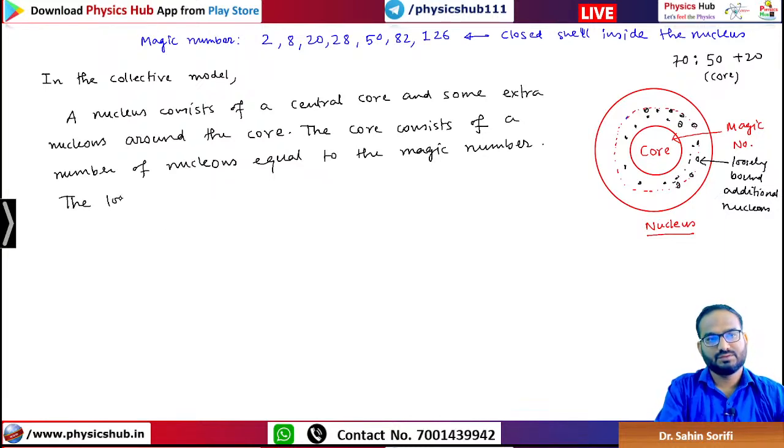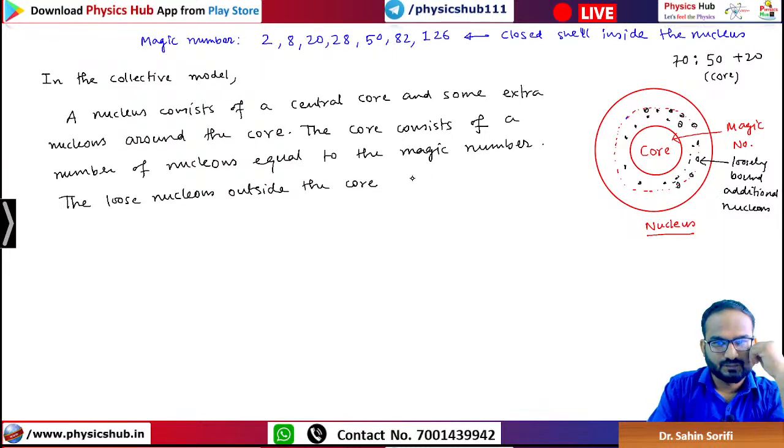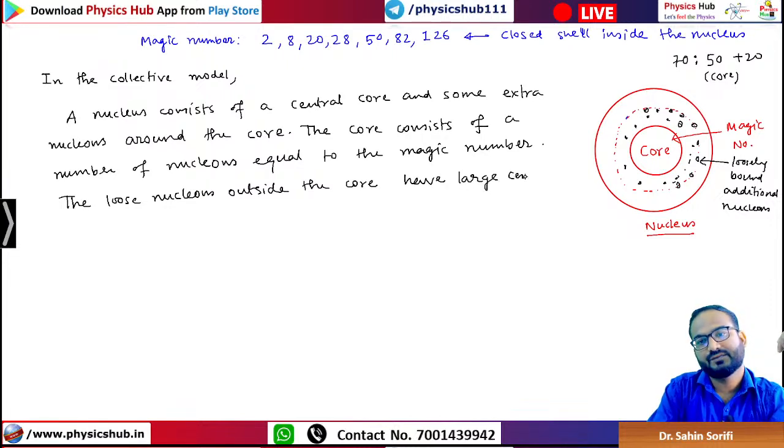The loose nucleons outside the core have large centrifugal force on the core.